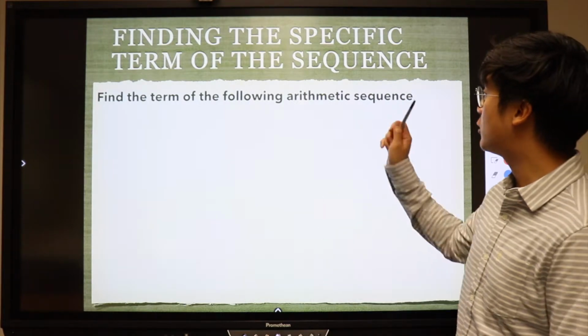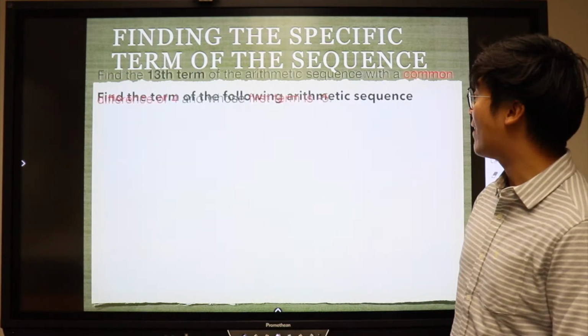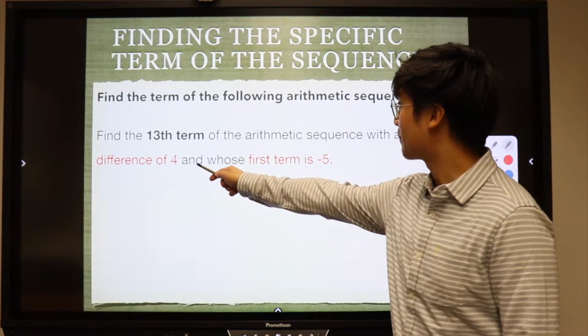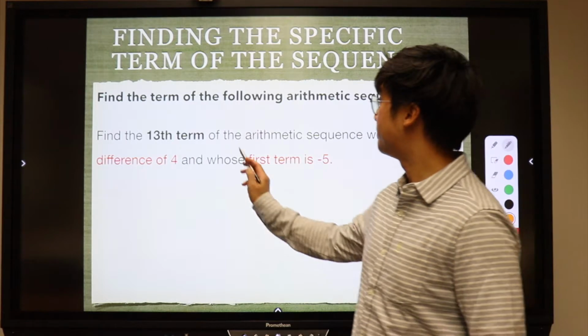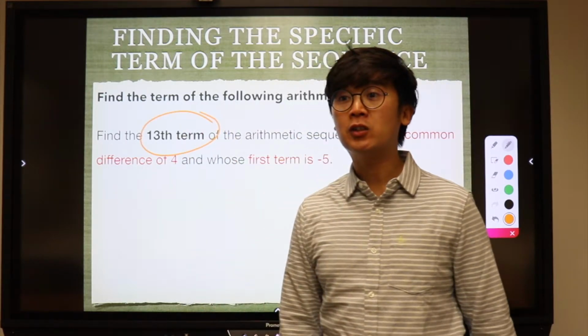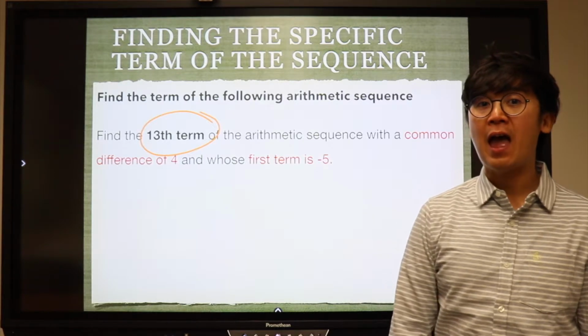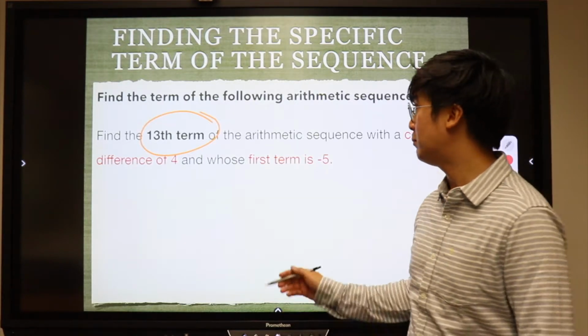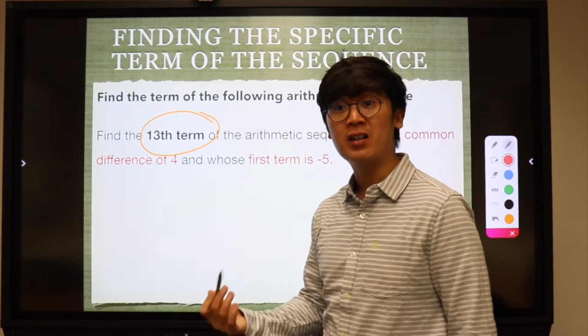Let's have this one. Find the term of the following arithmetic sequence, and the sequence has a common difference of 4 with the first term of negative 5, and you need to look for the 13th term. So again, every time you are asked to solve a problem using sequences and series, write the formula of the arithmetic sequence.